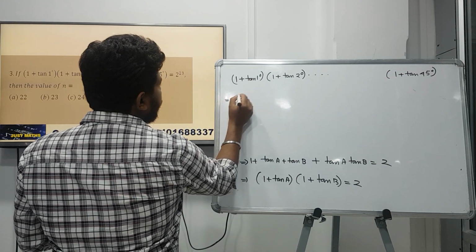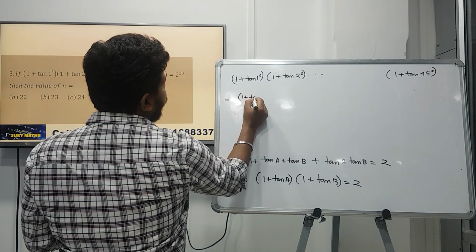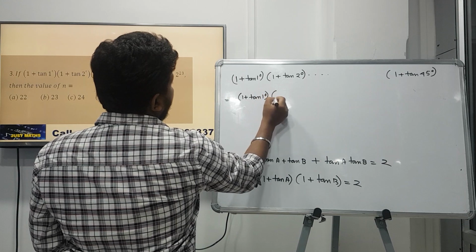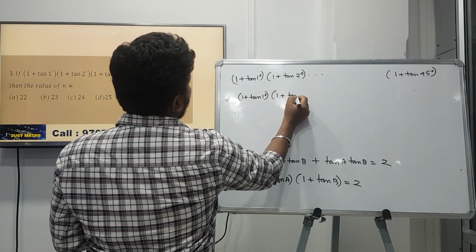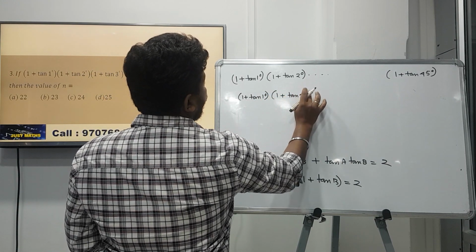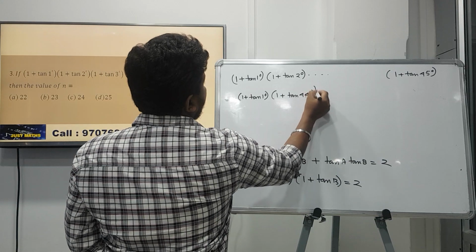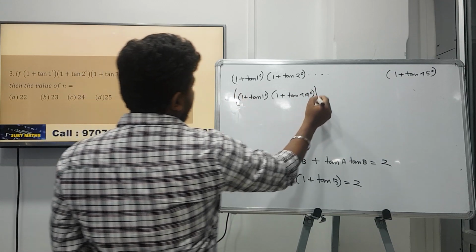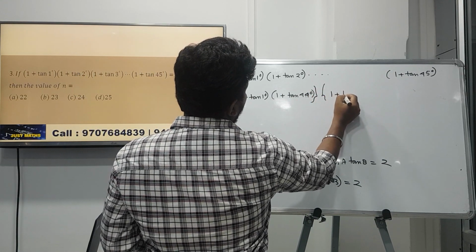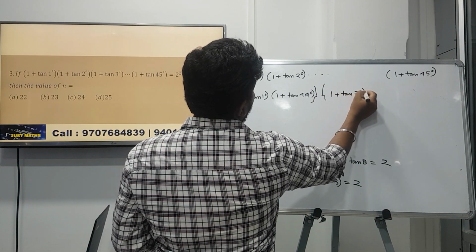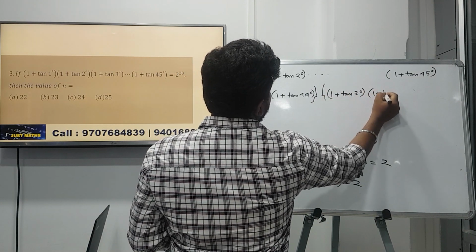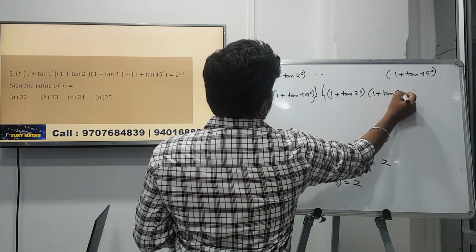This is 1 plus tan 1 degree into 1 plus tan 44 degree. This is a pair. Another one is 1 plus tan 2 degree into 1 plus tan 43 degree.